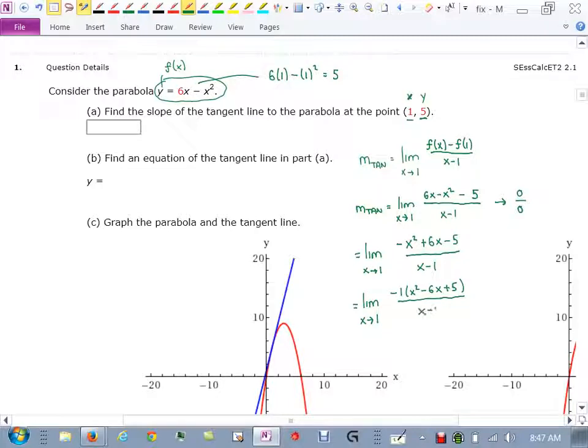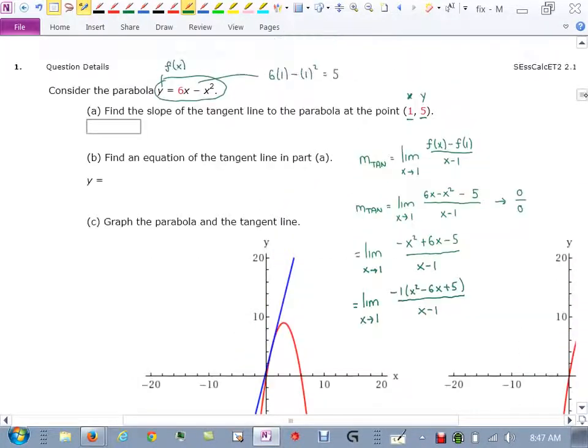And then depending on your techniques of factoring, how comfortable you are with them, we would get limit x approaches 1, with the negative 1 on the outside. That factors to be x minus 5 times x minus 1 all over x minus 1.